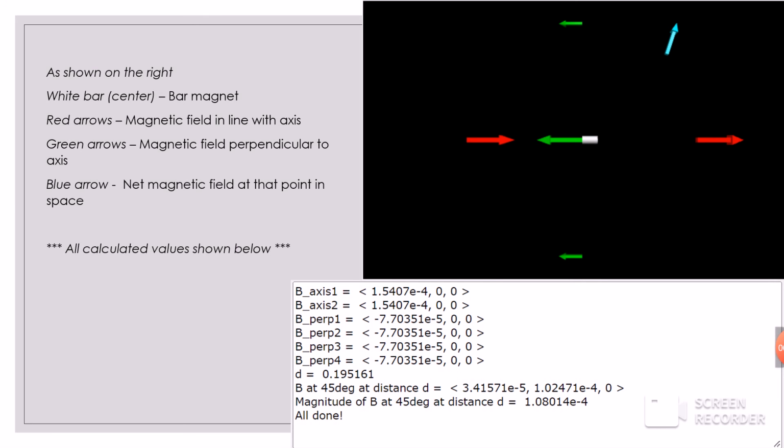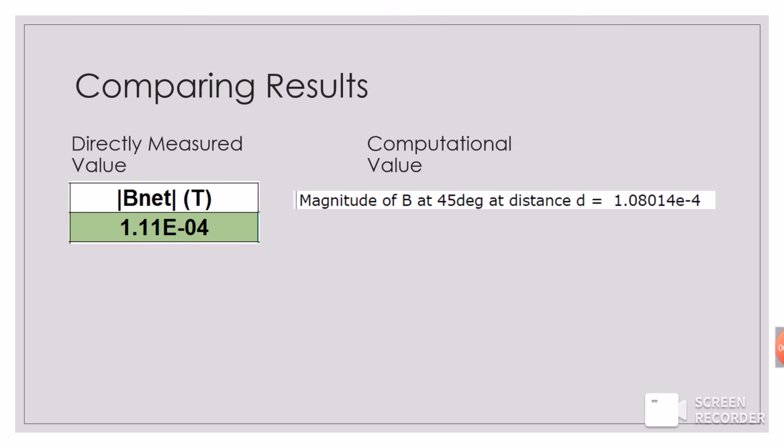That is the primary value that we were calculating for in this lab and what we'll be comparing. All the calculated values are shown below in that text. The most important one is, again, the second from last, the magnitude of B at 45 degrees at distance D, which is that value 1.08 times e to the negative fourth.